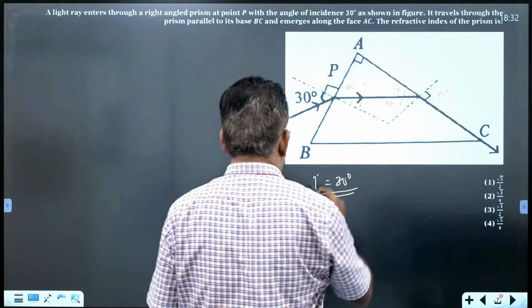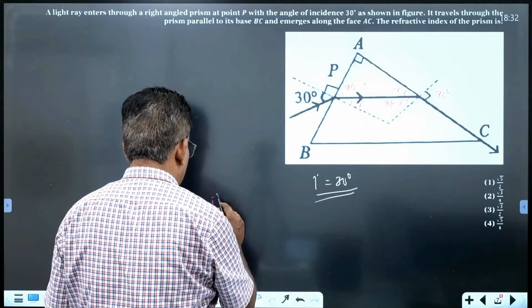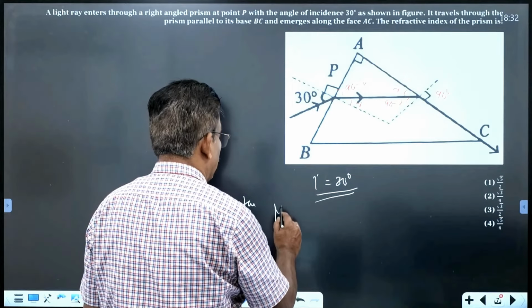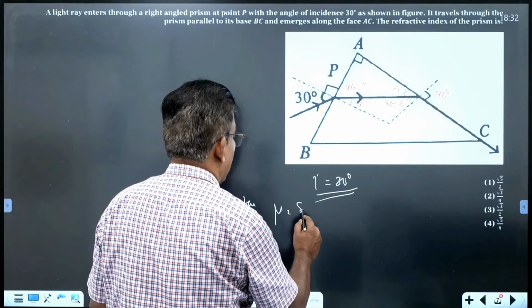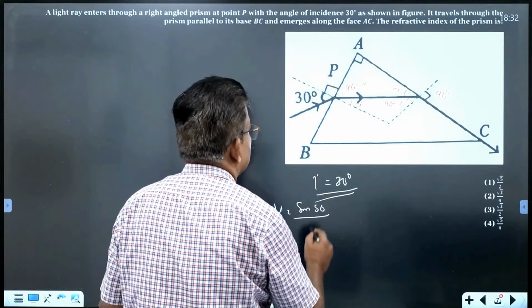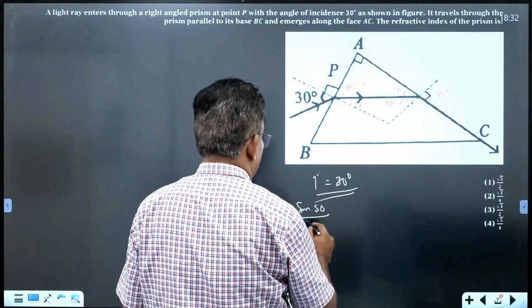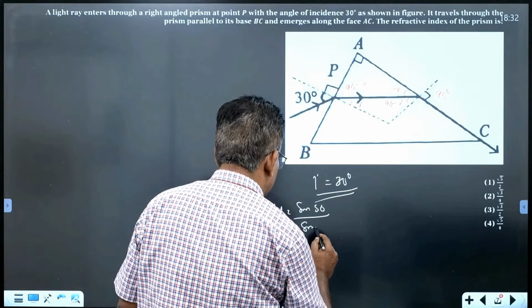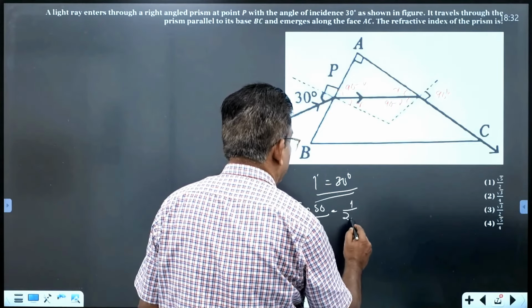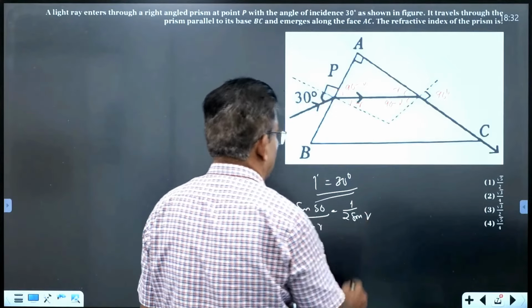From the first surface, mu is equal to sine 30 divided by sine R. Sine 30 is 1 by 2, so it will be 1 by 2 sine R. Got it?